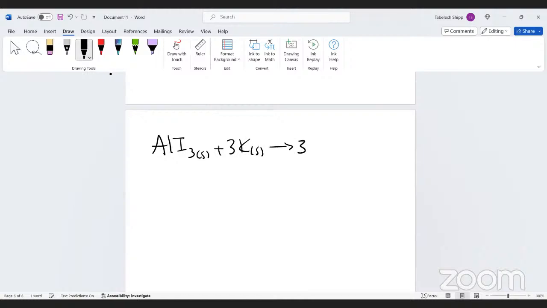Produces 3 KI plus aluminum solid. Okay. So right here, you've got aluminum iodide plus potassium producing potassium iodide plus aluminum. Okay. The question was, how many moles?